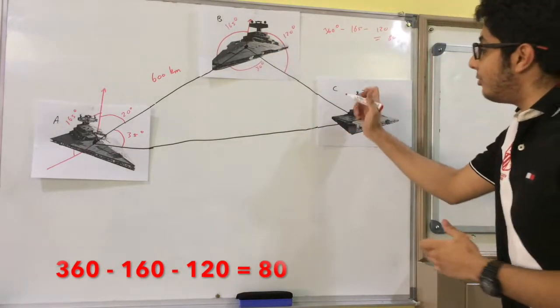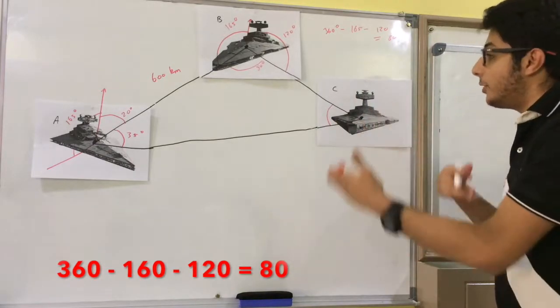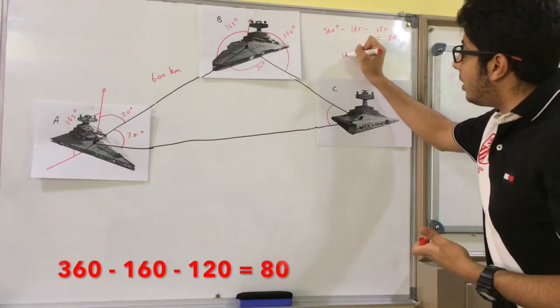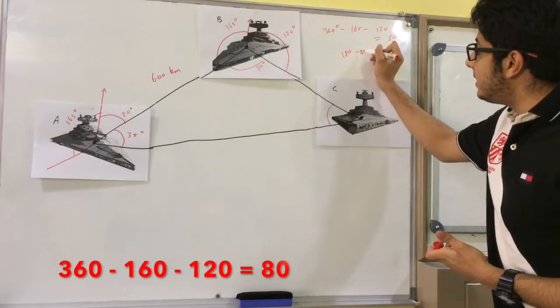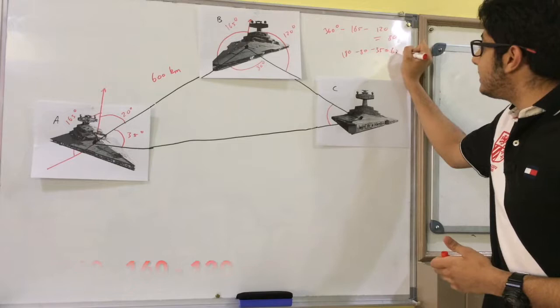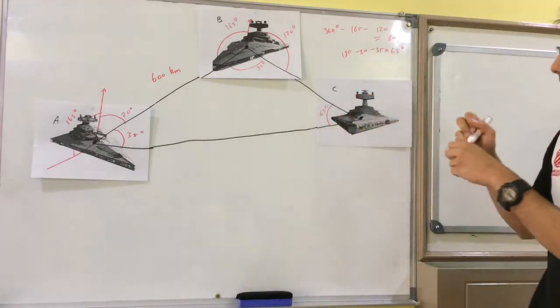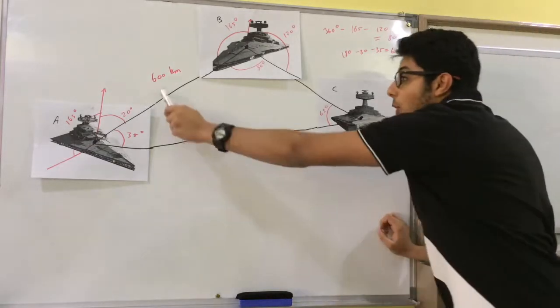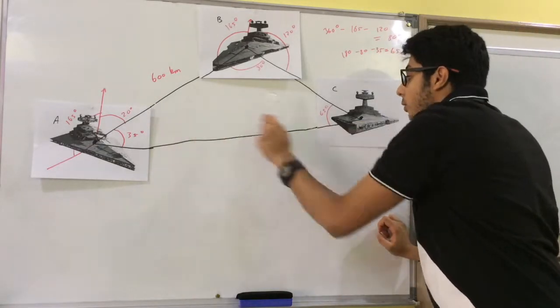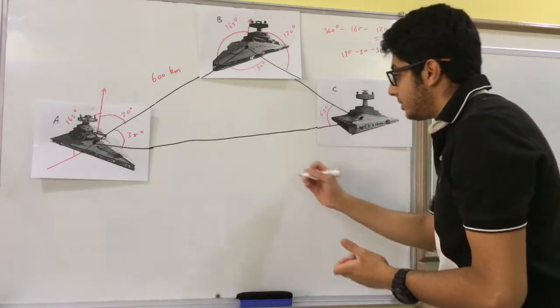Now we can easily work out this angle, because all angles in a triangle add up to 180. So 180 minus 80 degrees minus 35 degrees, and we're going to get 65 degrees. Now, I know one side, and I know its opposite angle. So that's going to be the base of my calculations.